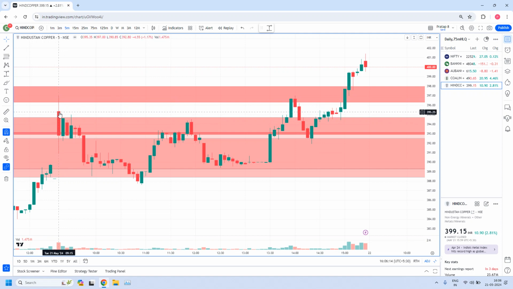If it is late in the 9:15 candle, probably your trades will execute. Just opened and moved up and came down, everything happens in a fraction of a second, you won't get the trade. At least after some 30-40 seconds after market opened, maybe you would have got an entry here.